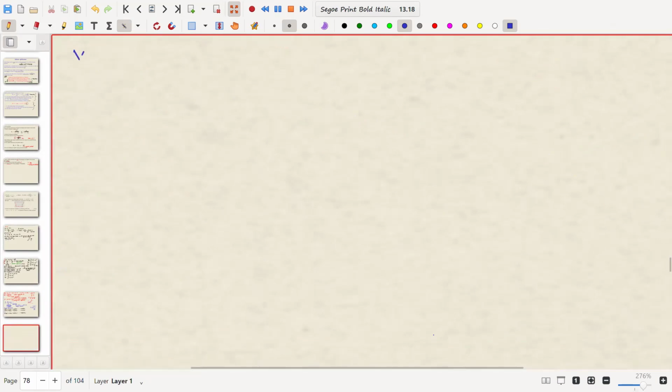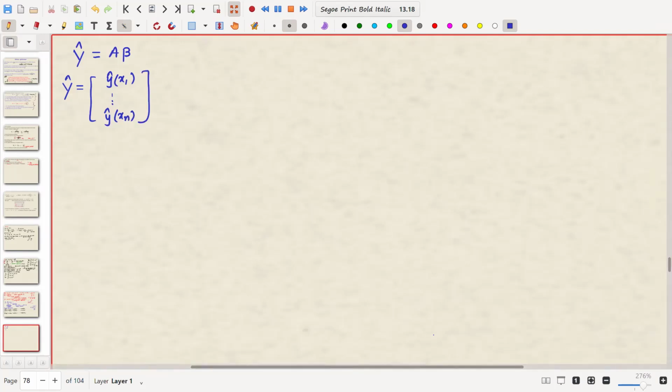So our aim is to write y cap is A beta. So what is A and what is beta? Anyone? What should be y cap? y cap at x1, and so on, y cap at xm.